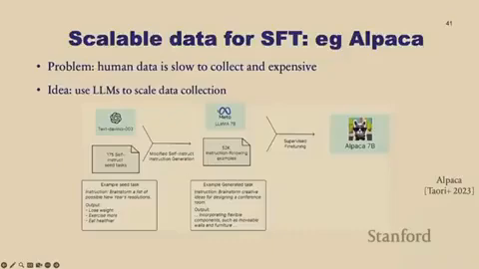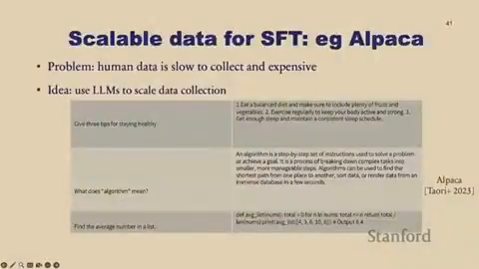Then we simply took Llama 7B, which was the best pre-trained model at the time, and we just fine-tuned this with supervised fine-tuning, as I told you. And that's how we got the Alpaca 7B model. This is the type of data that we collected. Things like, what does algorithm mean? An algorithm is a step-by-step set of instructions used to solve a problem or achieve a goal, blah, blah, blah.